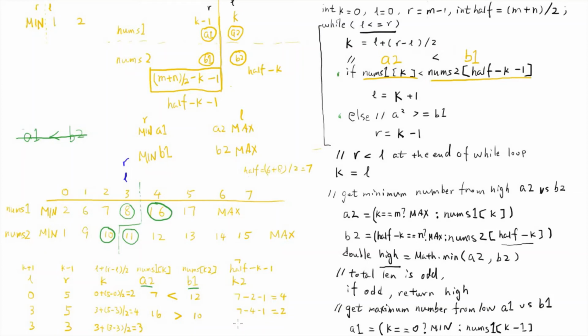And k2 will be 7 minus 3 minus 1, which is equal to 3. So A2 at position 3 is 8. B1 at position 3 is 11.